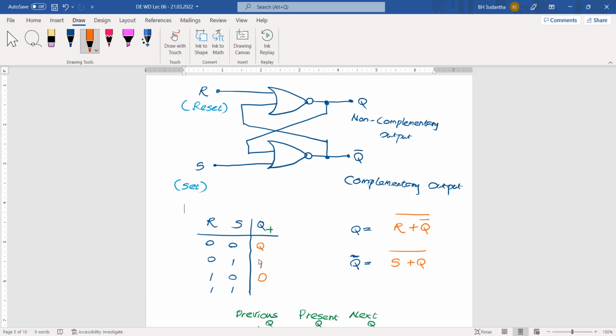Okay. What about this one? Last combination. The last combination is at the same time we are asking to reset and set. It's not possible. Because of that, this should be forbidden. And using this combination is illegal.